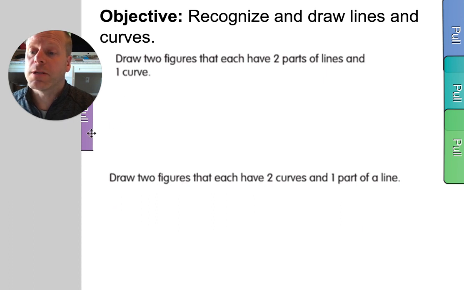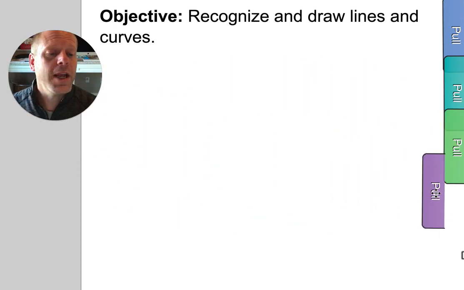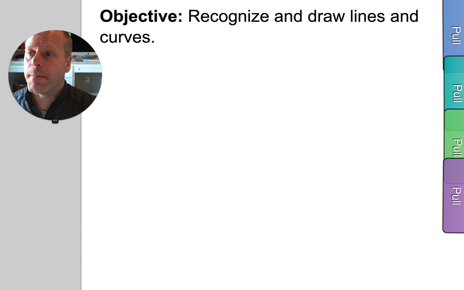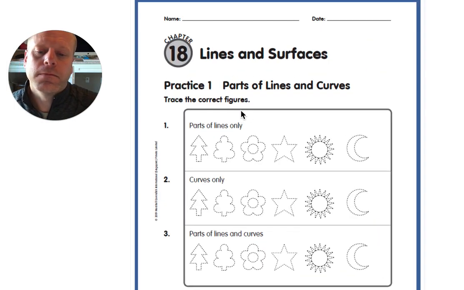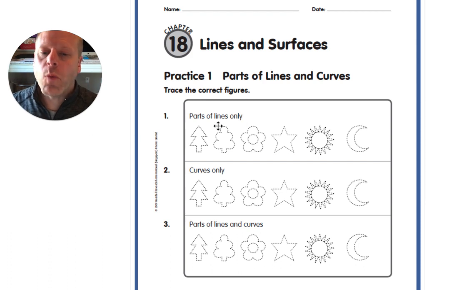I'll show you some of the workbook pages I want you to work through today, and then a couple of the fun math activities you get to try. So for number 1, 2, and 3, you have to look at these shapes and trace them if they fit the description. Okay, so don't trace them all. You only want to trace the shape that is all lines in this one.